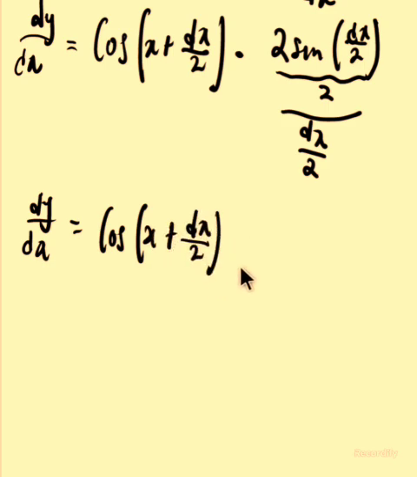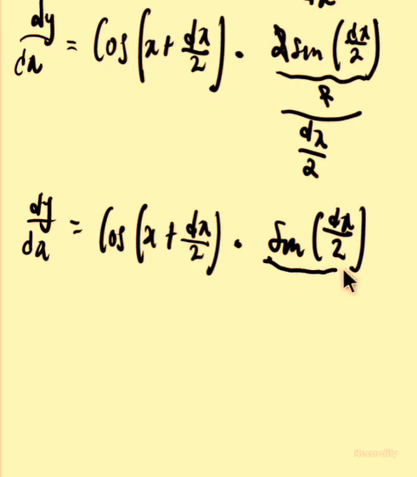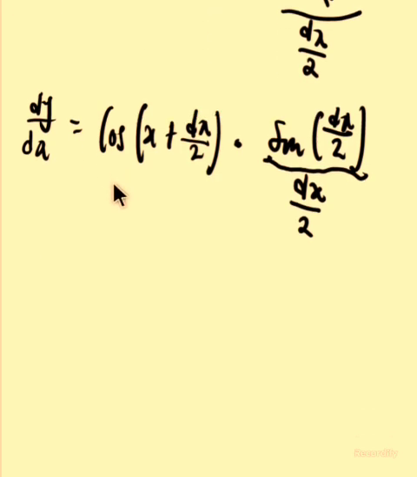Now this 2 is going to cancel this, so I'll be left with sine of dx over 2, over dx over 2. This is a variable. Oh my god, I don't know if you guys can notice what I'm seeing here. Can you notice what I noticed?